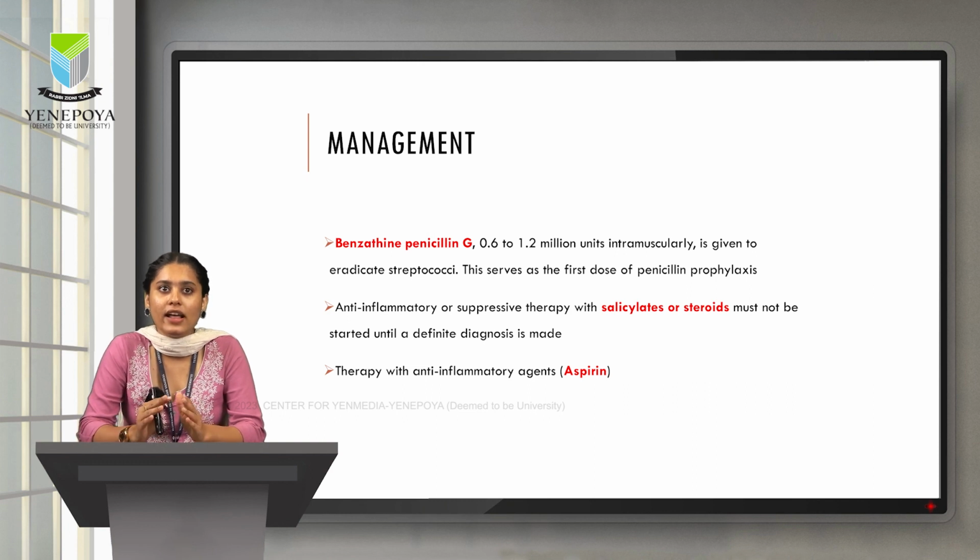So you have to make sure that until and unless the diagnosis is definite, these should be avoided in the patients, and therapy with anti-inflammatory agents can be done, that is aspirin can be given to the patient. So the very important thing is benzathine penicillin G once the acute rheumatic fever is diagnosed for sure.